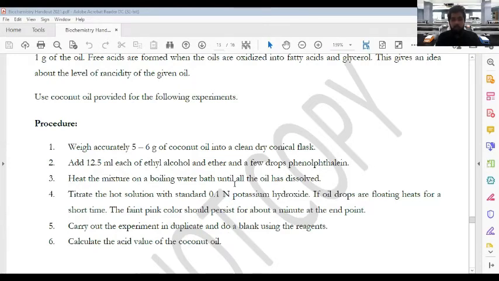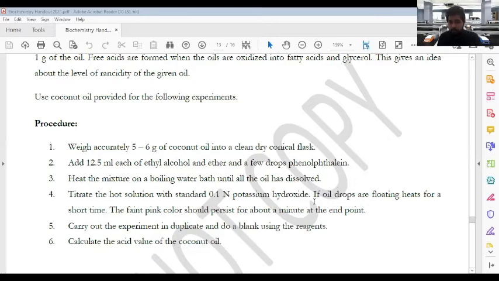Okay, so in this titration, you have to do a blank titration also. What is meant by a blank titration is that without using the sample or the main matrix, we do the titration for the other reagents. The reason for doing a blank titration is that ethyl alcohol as well as ether can contain some level of acidity.